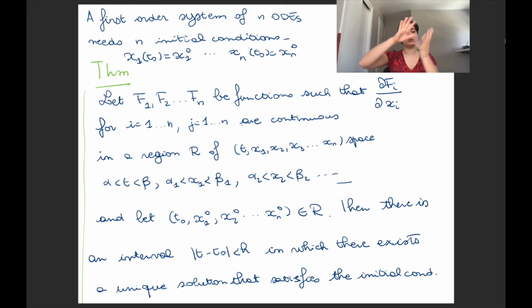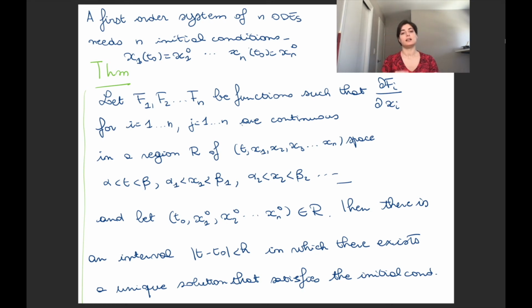So we want a sort of a rectangle, but in very high dimensions. And we want the initial condition that we have imposed, so t0, x1 0, x2 0, and so forth, to be inside this region.